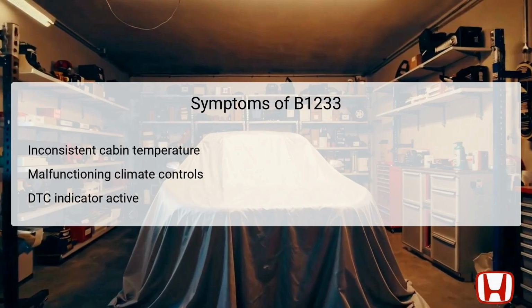Additionally, the climate controls might behave erratically, with buttons not changing the settings as intended. Other drivers may notice the DTC indicator light illuminating on the dashboard, alerting them to a system issue. Addressing these symptoms is crucial not only for comfort, but also for maintaining the functionality and longevity of the HVAC system.